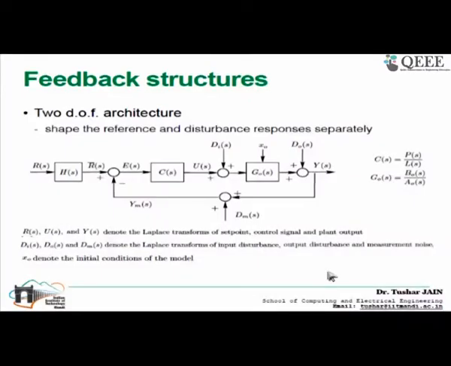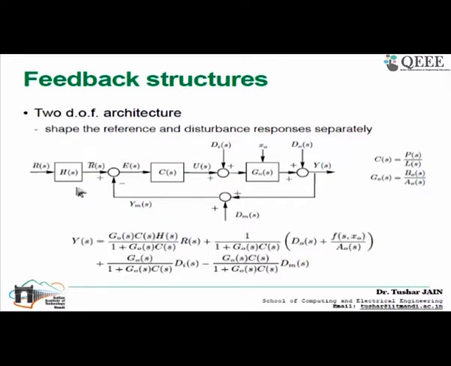Now let's quickly see this 2 degree of freedom architecture. What we have done here is that we could shape the references and the disturbance rejection separately. We put an H of S transfer function just after the R of S. So here we are designing two transfer functions, C of S and H of S, and how it helps us shape the references and disturbance responses separately, we'll see when we write the equations for the output and input of the plant.